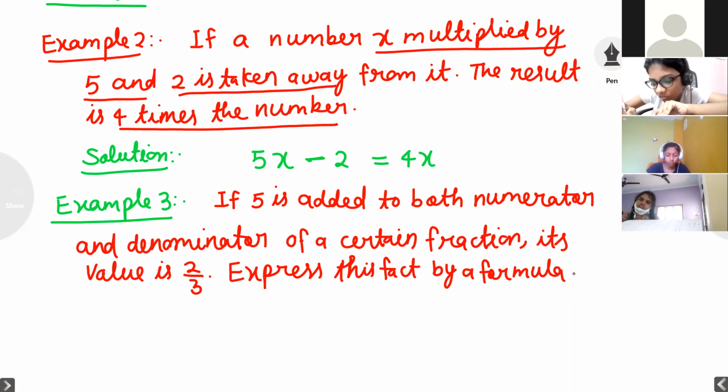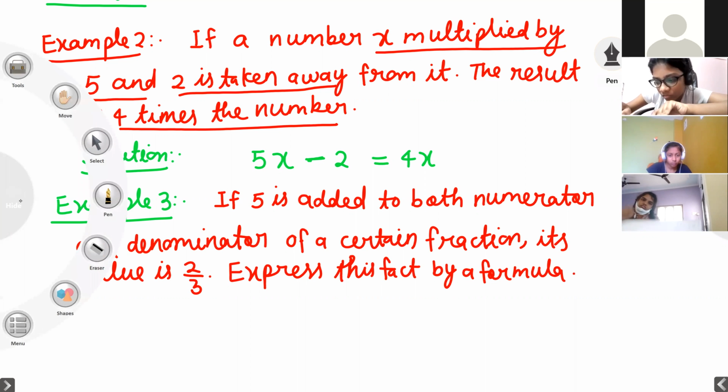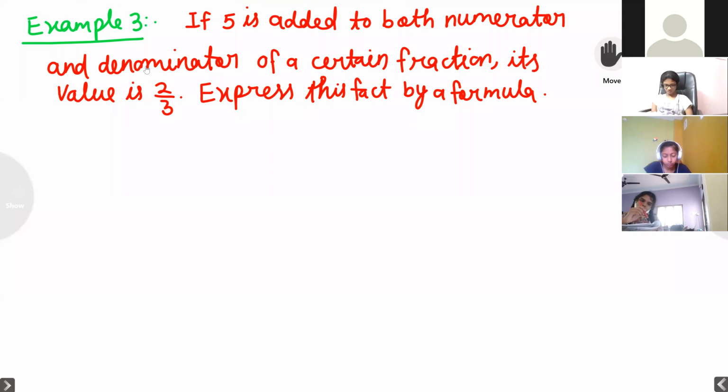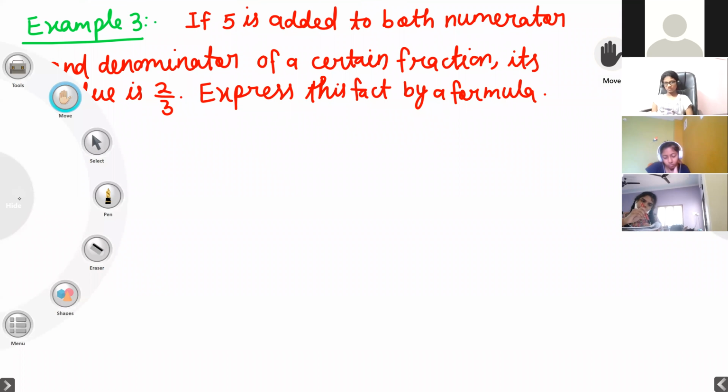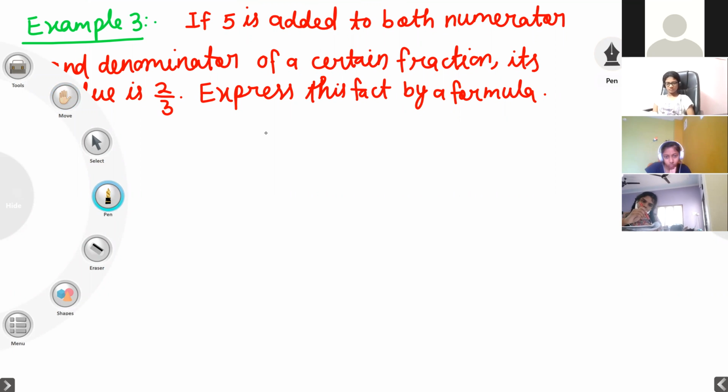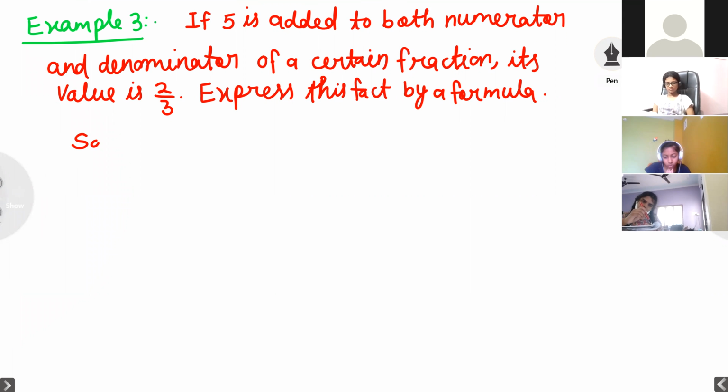Don't be afraid, I am here. I will explain how to do it. First, we have to read this statement at least 3 times. If 5 is added to both the numerator and denominator of a certain fraction, concentrate everyone here.